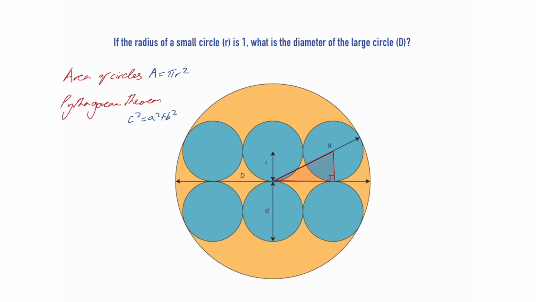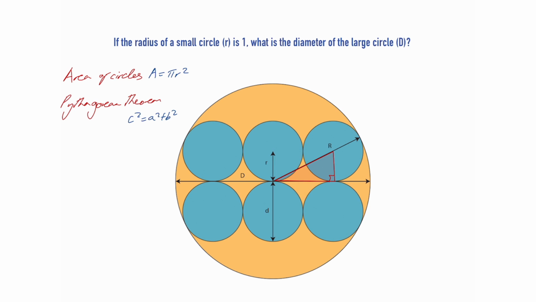Pretend it's not quite 90 degrees, but let's pretend it is for now. So I have a base, a, a height, b, and a hypotenuse, c.